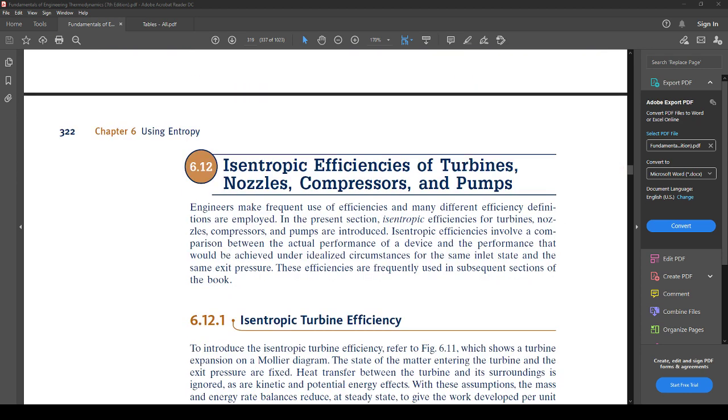So next time that we come back, you're going to get off a little bit early today, we'll be doing 612, and 612 is the basis for all what you will do in Thermo 2. And I cannot understate that. It is the basis of it. You will be doing isentropic efficiencies of turbines, nozzles, compressors, pumps constantly. All the time.